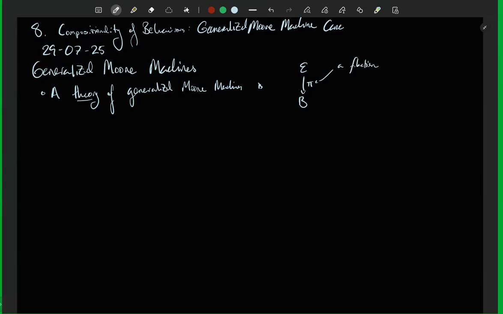We think of this as being a category of state spaces down here, of potential state spaces, or just spaces. And then up here, a fibration of bundles over spaces.